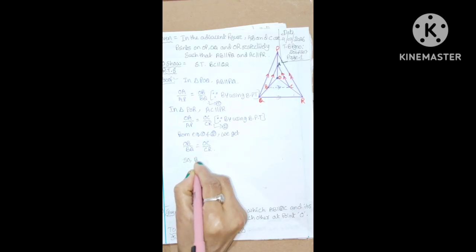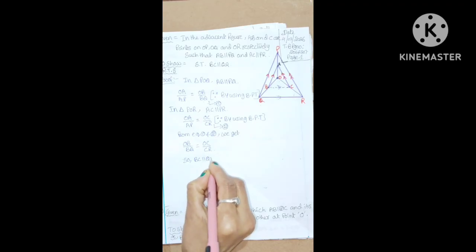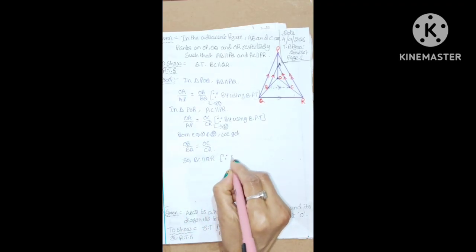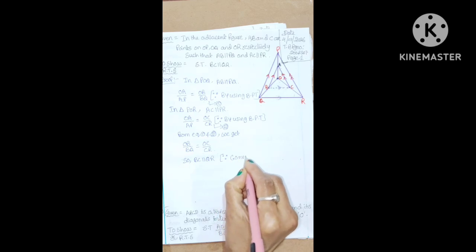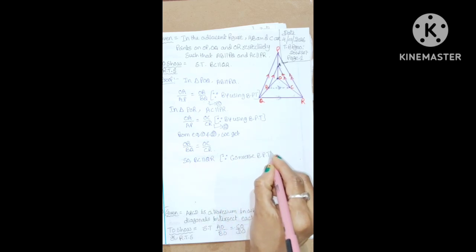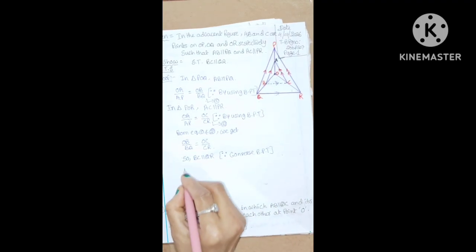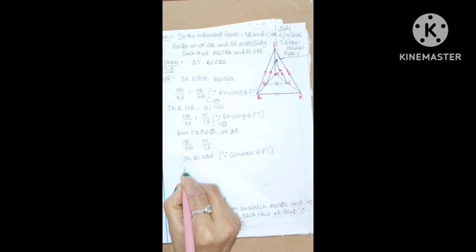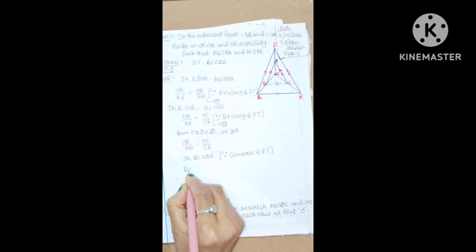So, here BC is parallel to QR. Why is it? What's the reason? Converse BPT theorem. Okay, is it clear? Here, what's the line that divides?